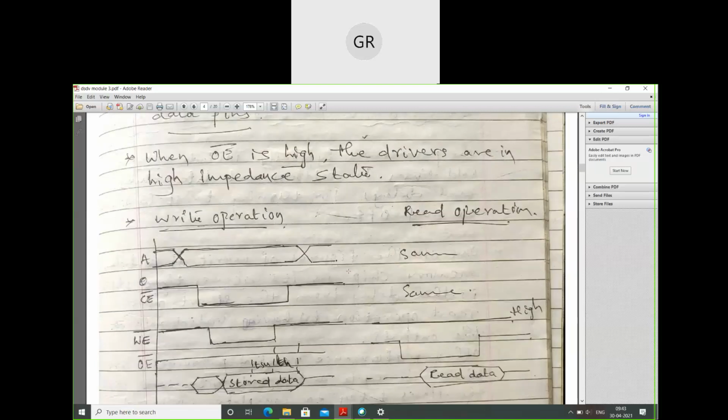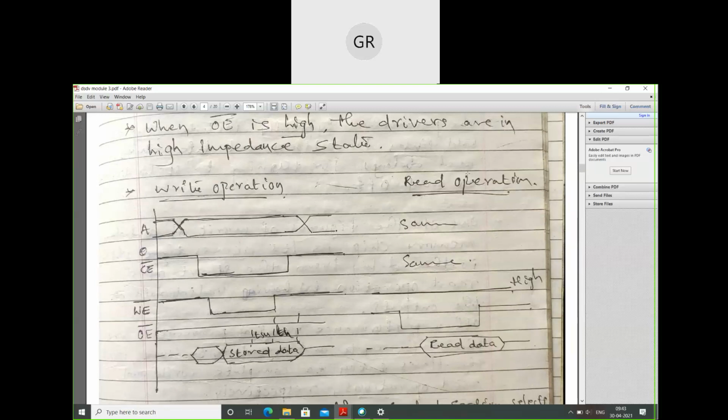Here are the waveforms for the write operation and read operation. This indicates the address. Then chip enable, which is 0 in this plot. Then WE bar: when WE bar is low, it's a write signal. Just remember that.